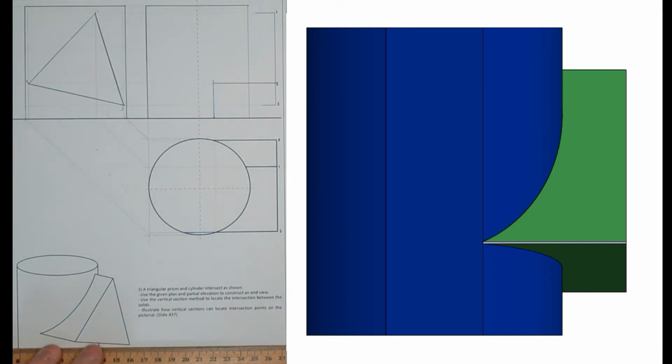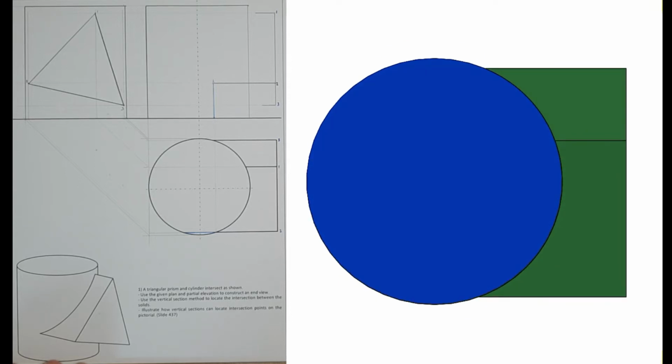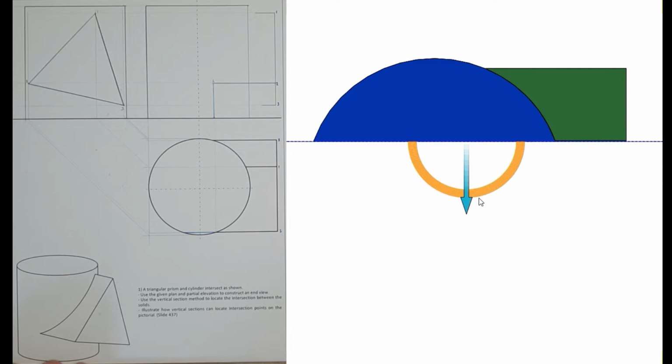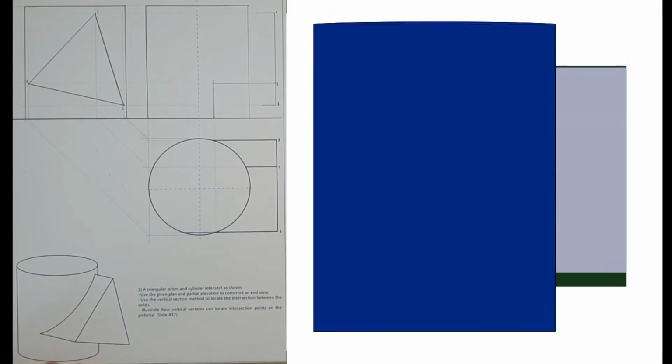I have a feeling that if I go back down to my plan, 1 and 3 are both around the back of the object. So if I want to go sectioning those, they're going to be part of my hidden detail at the back, but I might as well just drop them in. That is point 1 up top. I'll section it at that point and view what the elevation of that section looks like.